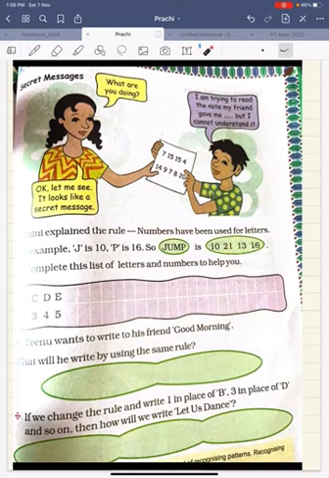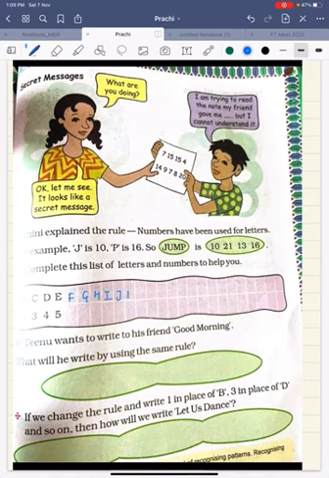So this girl, whose name is Minnie, is saying there is a rule. What rule is it? That J is 10, P is 16, so jump is 10, 21, 13, 16. So like this, first of all, what you have to do? You have to fill this table so that you can decode the message.